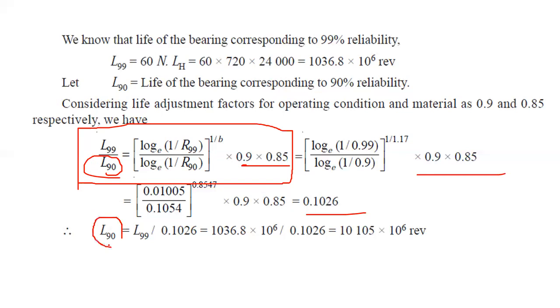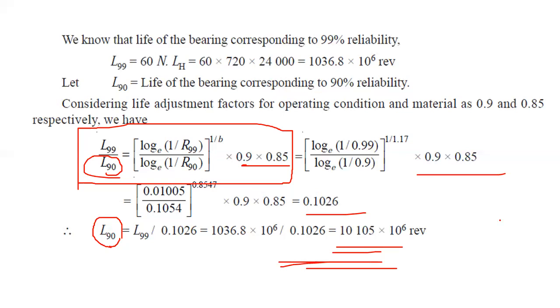Finally we got the life of bearing for 90% reliability equal to 10,105 into 10 to the power 6 revolutions. This is the expected life of bearing for 90% reliability.